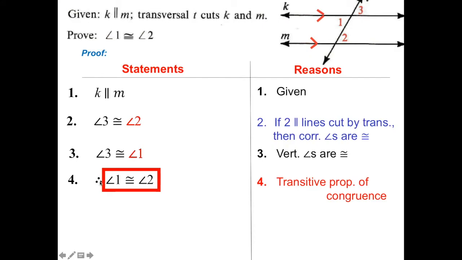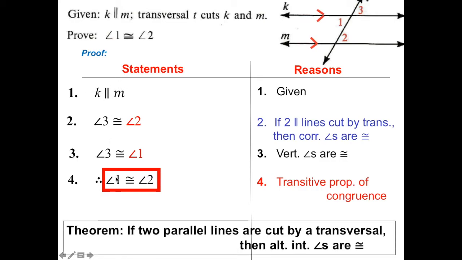Therefore, the 3 dots was therefore, angle 1 is congruent to angle 2 because of the transitive property of congruence. So see what I did there? I just inserted some words, if, then, because, and therefore, right in between all the steps that I've been saying. It's one way to quickly go through and read to make sure you've said everything you needed to say in order to prove what you want, which is getting from step 1 to step 4 and getting us to a theorem.